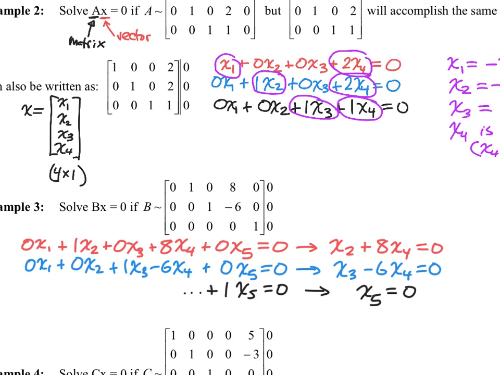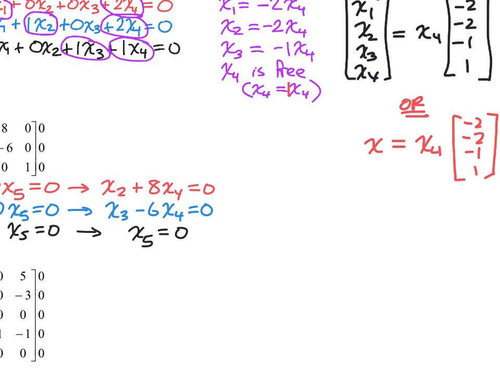All right. So cleaning it up a little bit more, surprising to think that that's still something that could be done, we can solve for x sub 2 and get negative 8 x sub 4. We could also solve for x sub 3 and get positive 6 x sub 4.